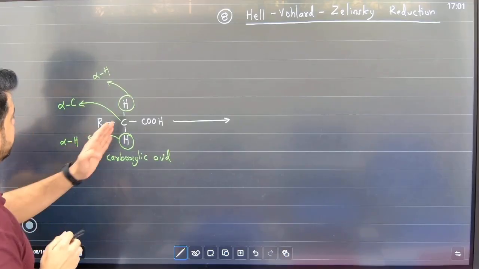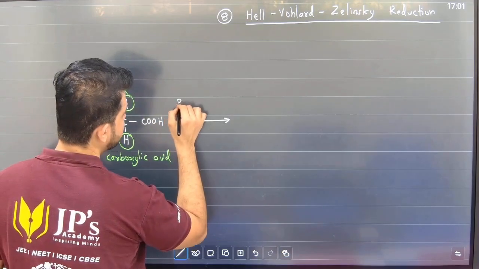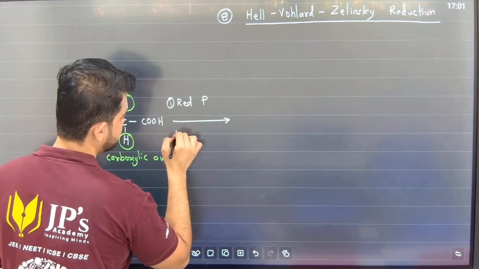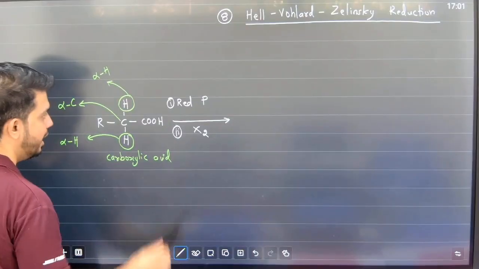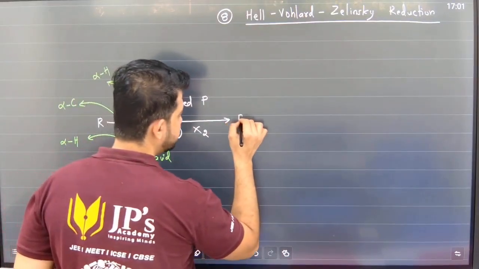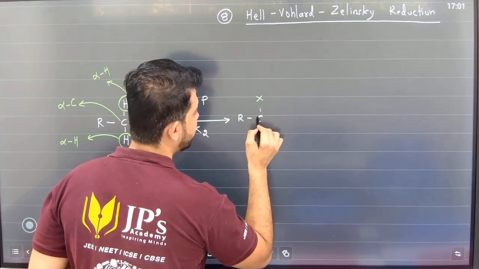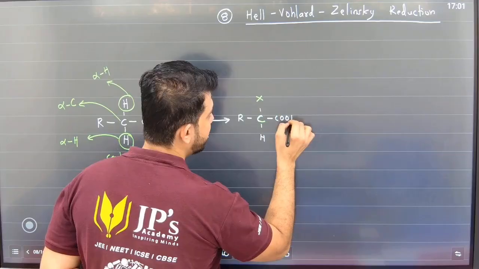So with the alpha carbon and alpha hydrogen, and red phosphorus and your halogen, alpha hydrogen is replaced by halogen. Alpha hydrogen, I repeat, is replaced by halogen.